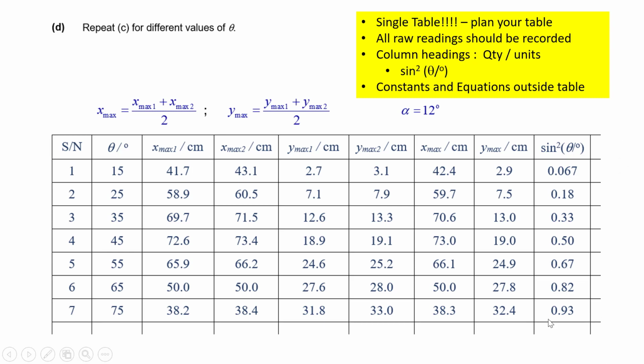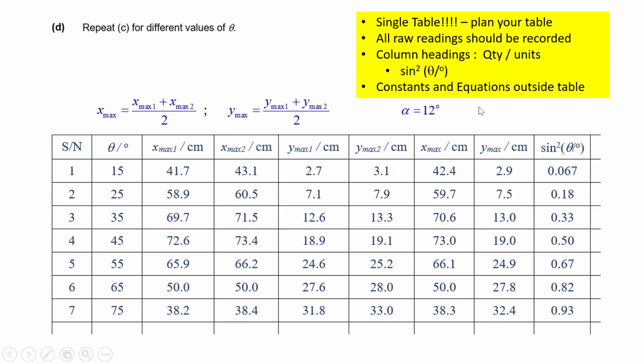Similarly, for the rows, we know that you only need to take 6 sets of readings. However, in case you need to add additional rows, you may not want to close off your table and plan it all the way to the edge with no more space.